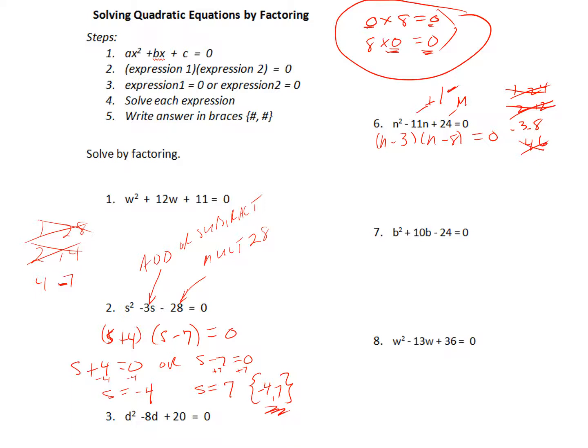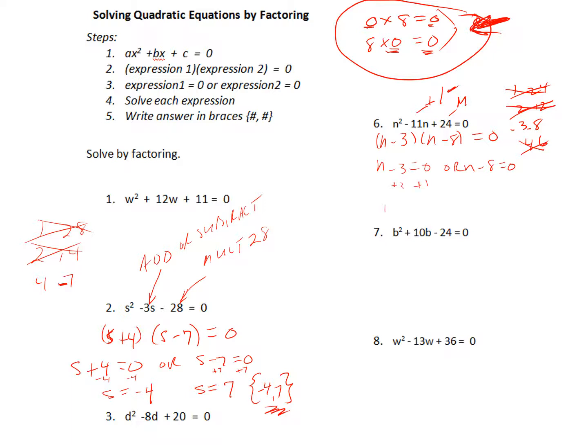And again, thinking about this up at the top, we talked about one of these two has to be 0. So either n minus 3 is 0 or n minus 8 equals 0. Well, if n minus 3 equals 0, to solve for n, I'll do the opposite. I'll add 3 to this side, and to keep them equivalent, I'll add 3 to the other side.